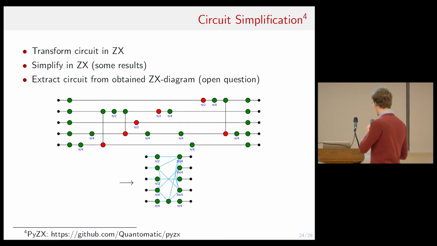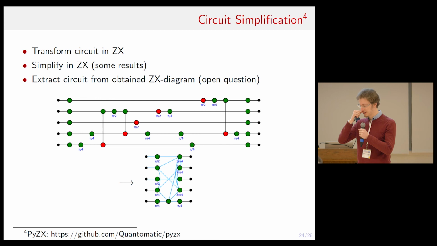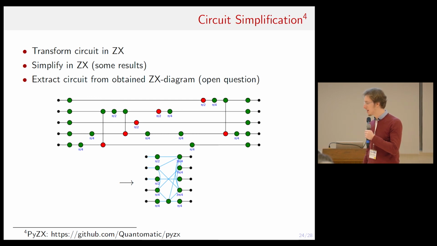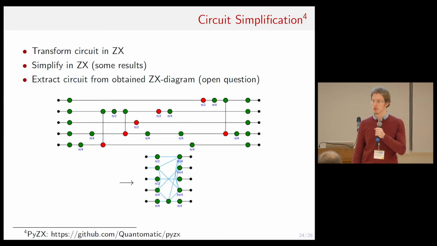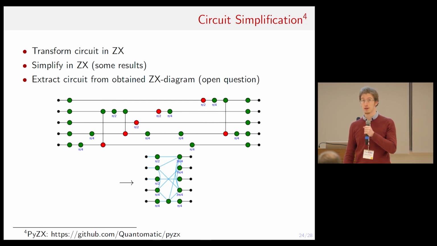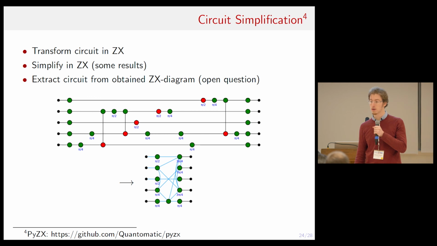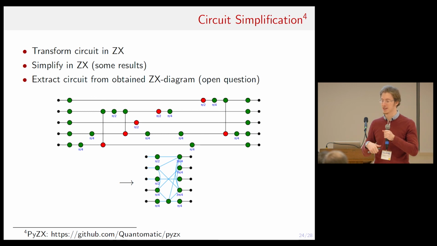There has been some work done on that, using the G-flow of a graph. There is a way to have a necessary and sufficient condition in order to extract a quantum circuit from a ZX diagram.